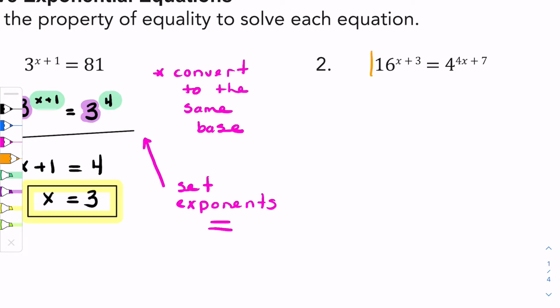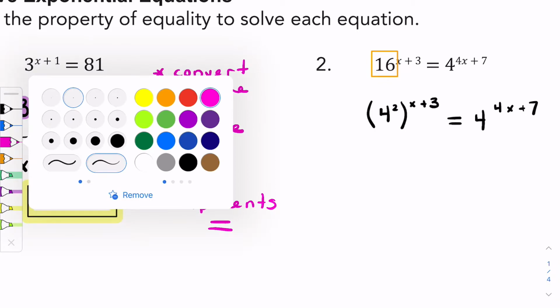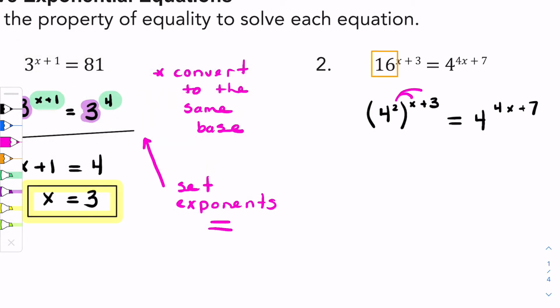So starting with 16, I'm going to rewrite 16 as 4 squared. I already had an exponent of x plus 3, and this is equal to 4 raised to the power of 4x plus 7. Before I can simplify anything, I need to eliminate my double exponent by multiplying them together.